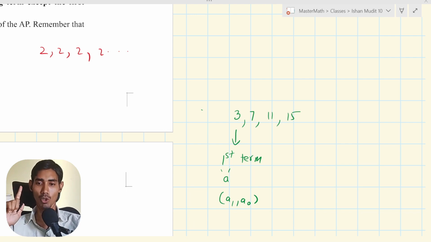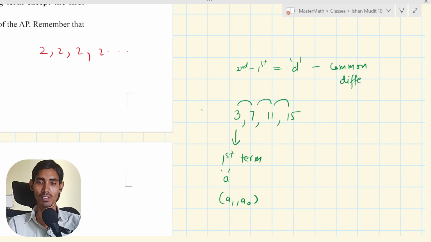So the first term is small letter a. Now the difference of the consecutive terms, second term minus first term, or third term minus second term, fourth term minus third term, that is d, small d, and it's known as the common difference. Obvious enough. This constant gap between consecutive terms is the common difference.